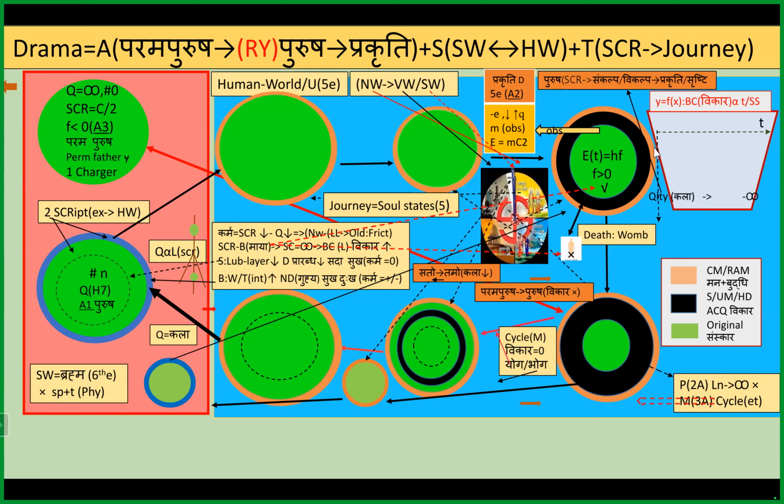The kala or the efficiency of both Purush and Prakriti are proportional. And this is what we say, that the kala or the things are downgraded with time. The red is a deterministic world. This is a non-deterministic world. I have shown it as linear, but it can be exponential also. So this is an exponential curve.